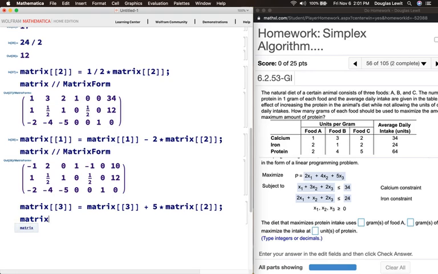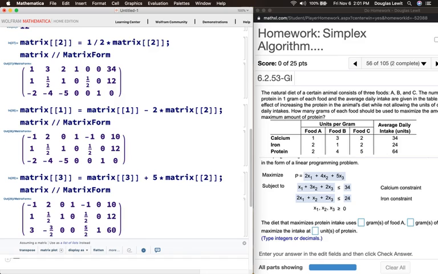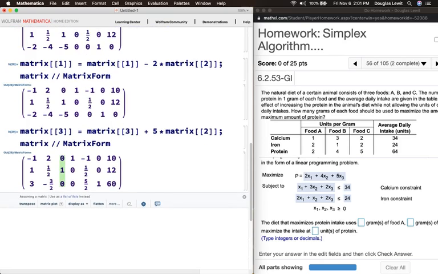And then matrix form. Okay, so now I have a canonical column. The word is canonical.